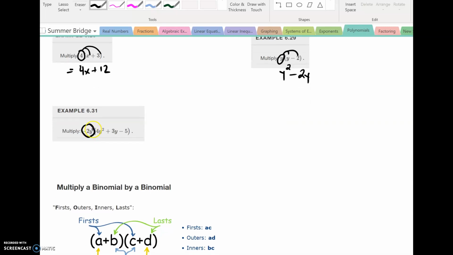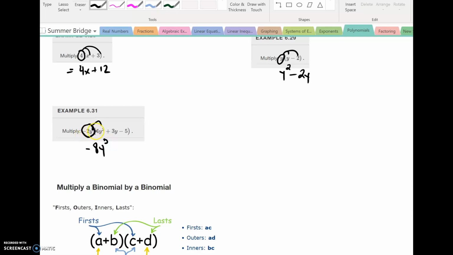Now keep in mind, whenever you have a variable multiplying other variables, you just add the exponents together. In this case the exponent is 1, so you would add 1 to all the exponents on there. So negative 2y times 4y squared is going to be negative 8y, and since this is 2 and that's 1, that's going to end up being 3.